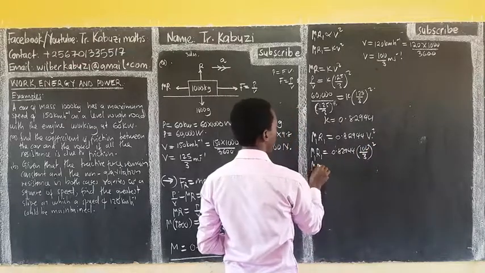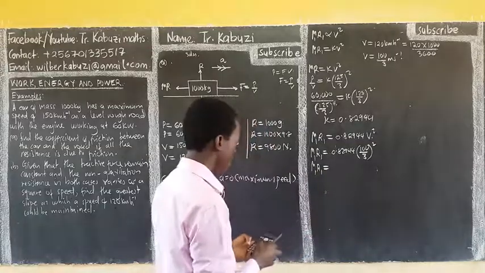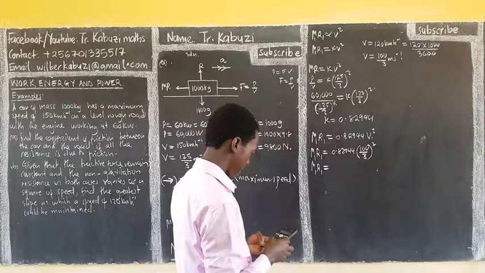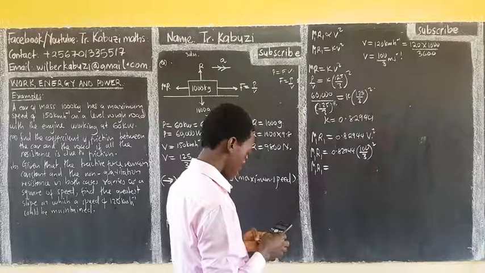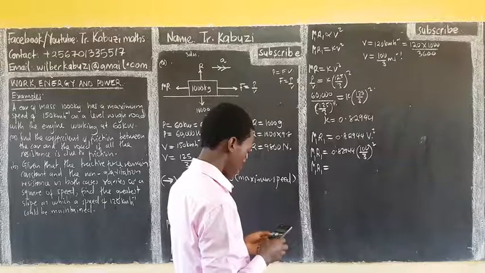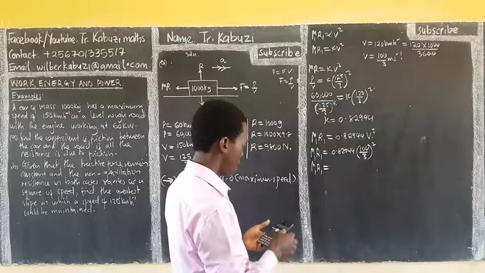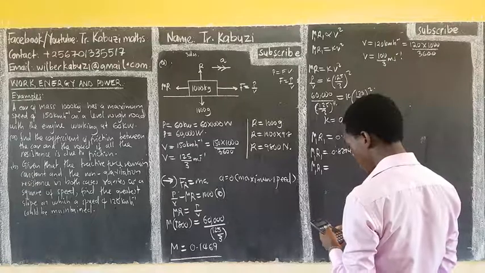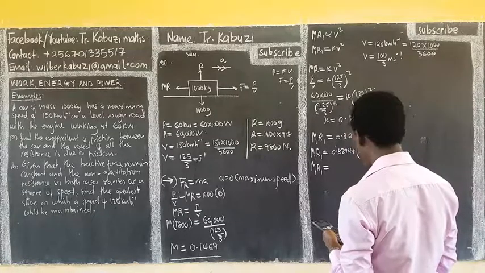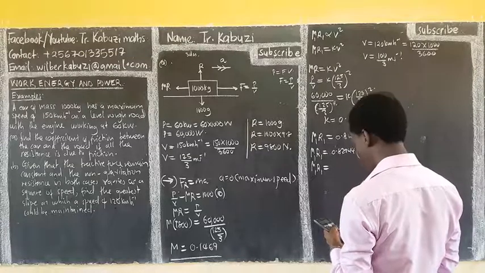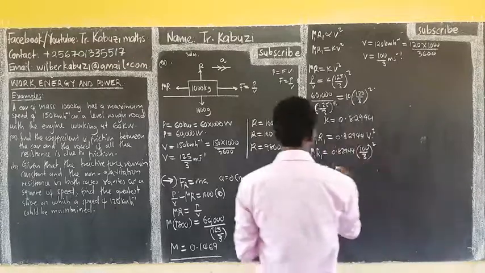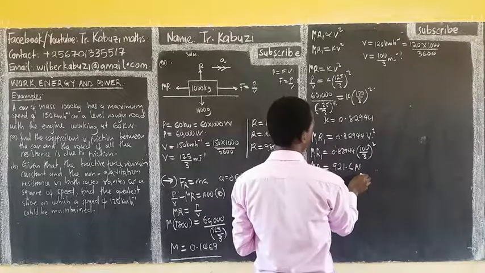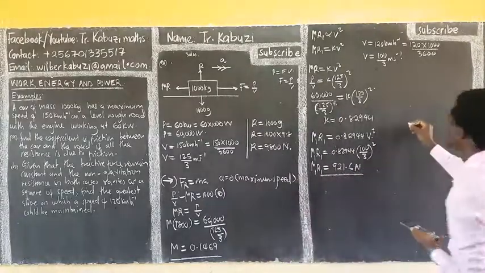So here my new frictional force: 1000 divided by 3, we square it, then times 0.82944. This is giving me 921.6 newtons.